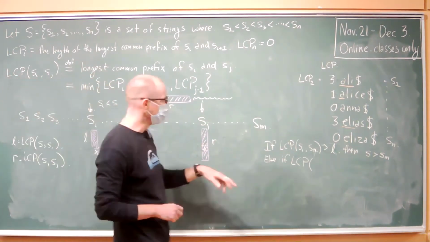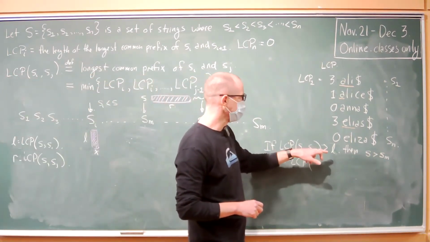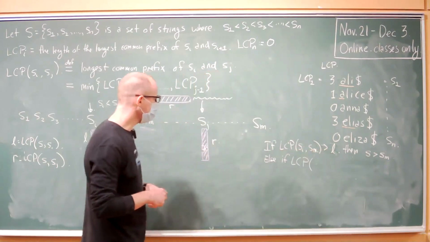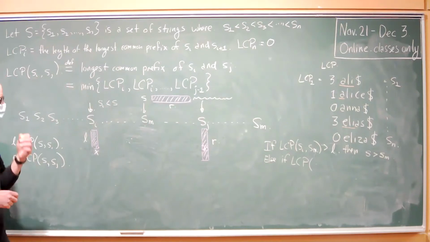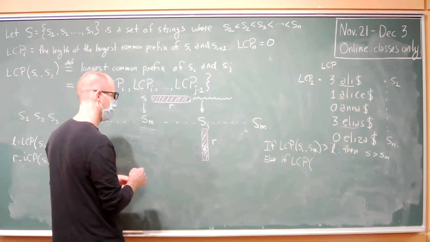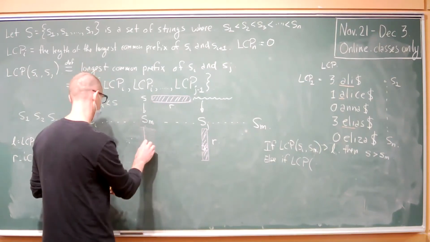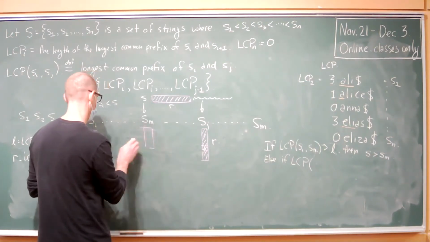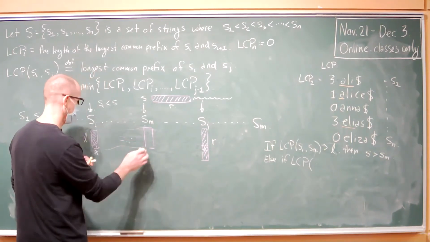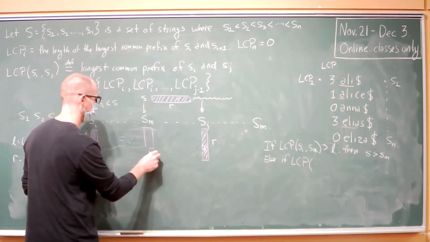So we don't have to worry about the case where the LCP of SI and SM is less than L. So now we know that the LCP of SI and SM is exactly equal to L. So these two are the same. Something different is happening here.